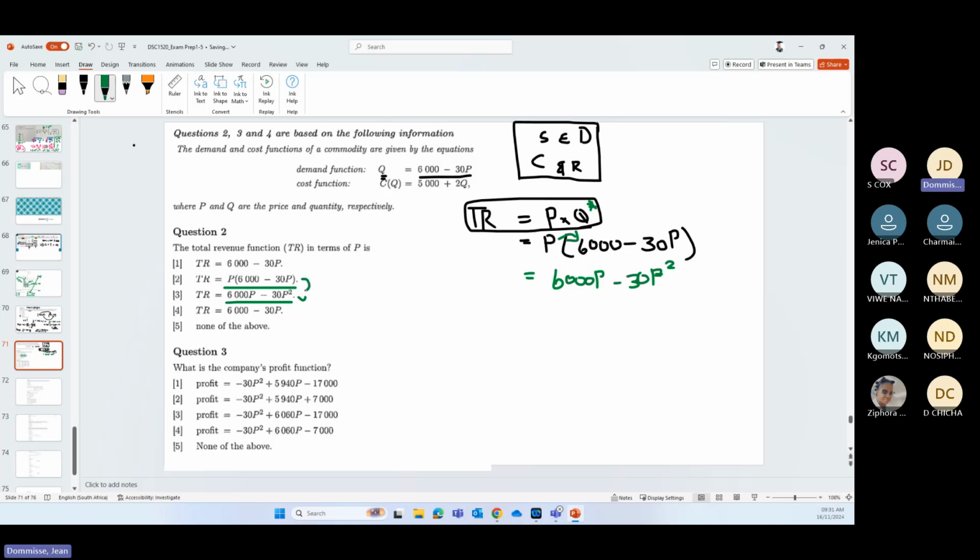Those two are exactly the same. Oh, but see, those two are also the same. So somehow in this, huh? Am I missing something here? That's total revenue. One and two is, 1 and 4 is also the same.